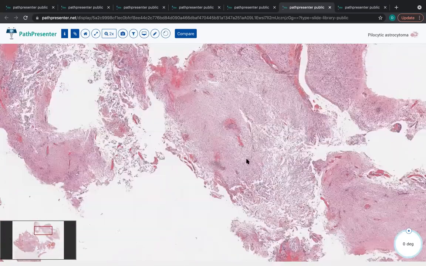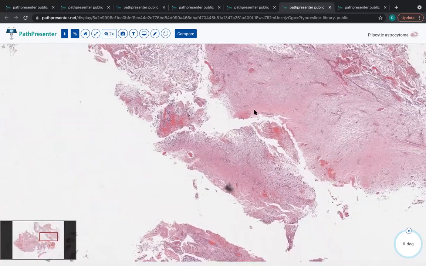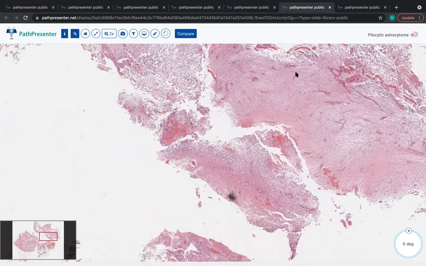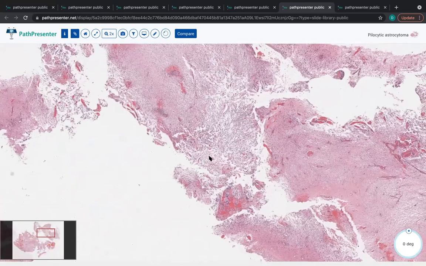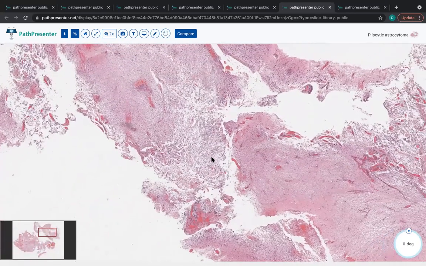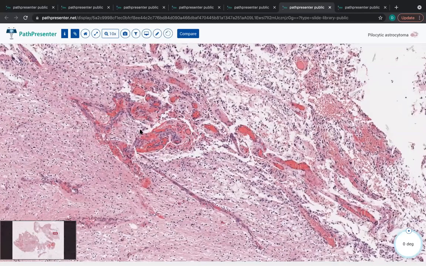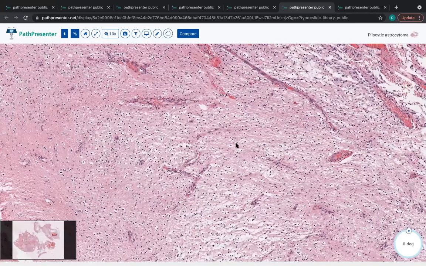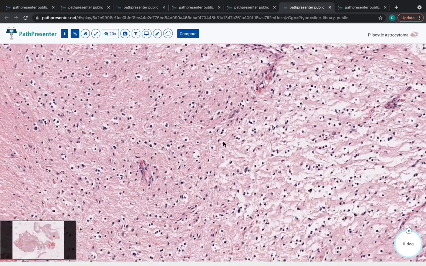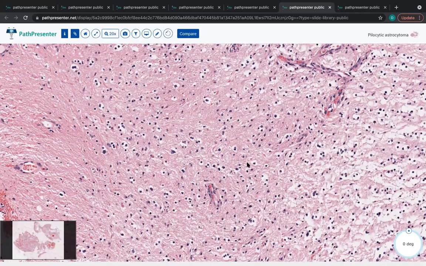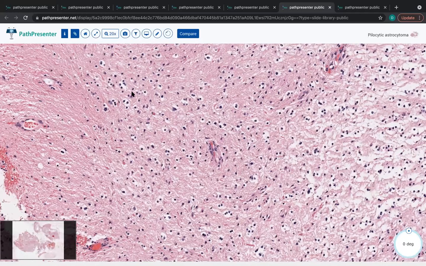But you can probably get a sense that there is a somewhat biphasic architecture to this tumor. There are regions such as this that look a little more compact, and then other areas that are a little looser and more disaggregated. If we get in on higher power, in the more compact region, there are very minimally atypical cells infiltrating through the glial background that have an oligodendroglial morphology: very small round nuclei with abundant perinuclear clearing.